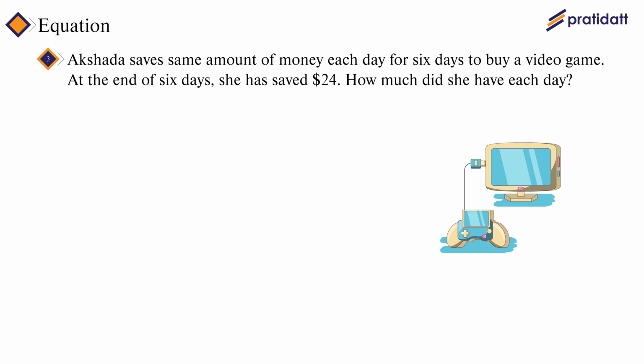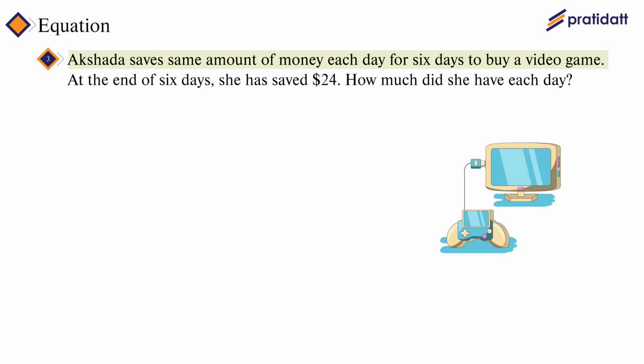Next example for money and savings. Akshata saves some amount of money each day for 6 days to buy a video game. At the end of 6 days, she has saved $24. How much did she save each day? First of all, read the example properly and understand the concept.